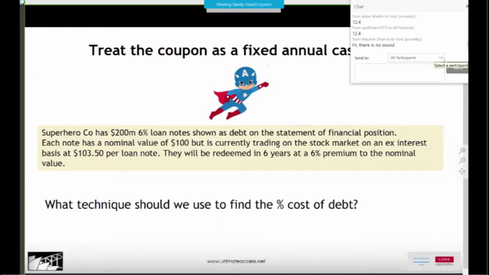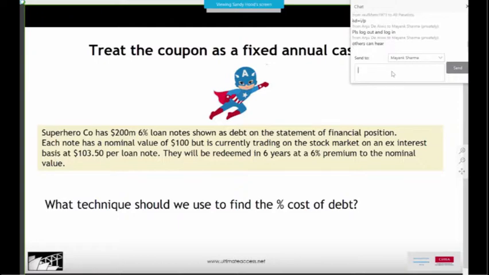Let's get the people working now. Just give you guys a couple of minutes to work this out. Just divided by 1.